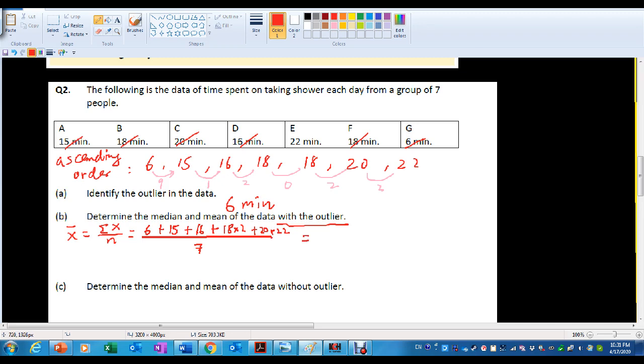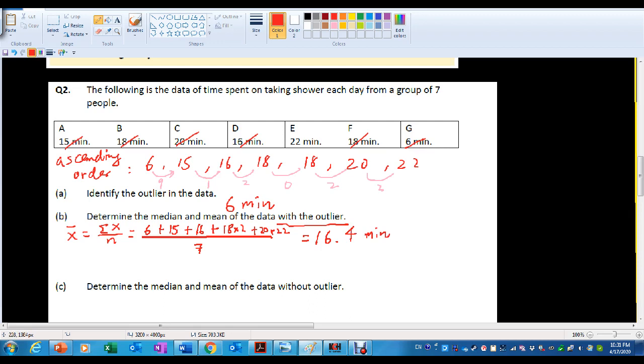Use your calculator. So the mean would be 16.4, correct to 1 decimal place.